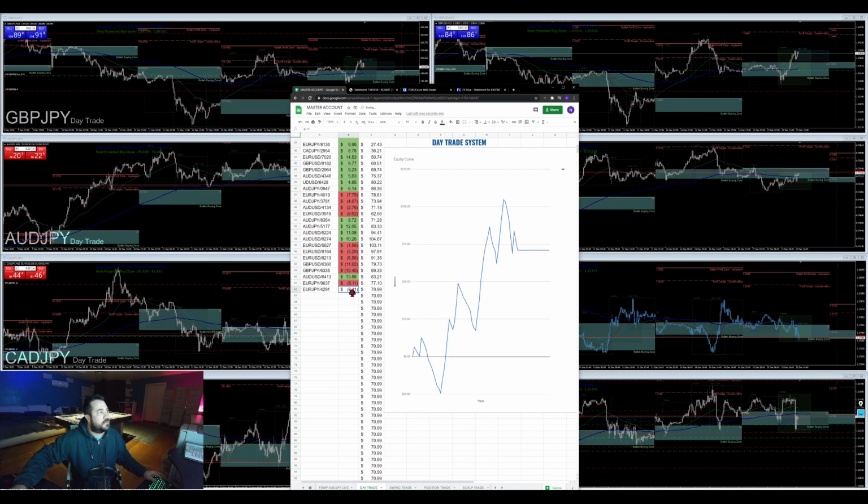Yeah, this euro yen's been knocking me around a little bit, huh? A couple of stop outs in a row from the euro yen at the exact same amount. A little bit of a drawdown going on for the day trades.